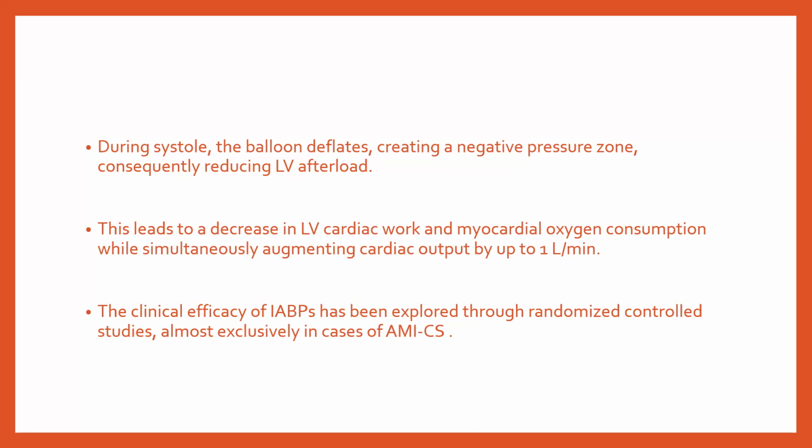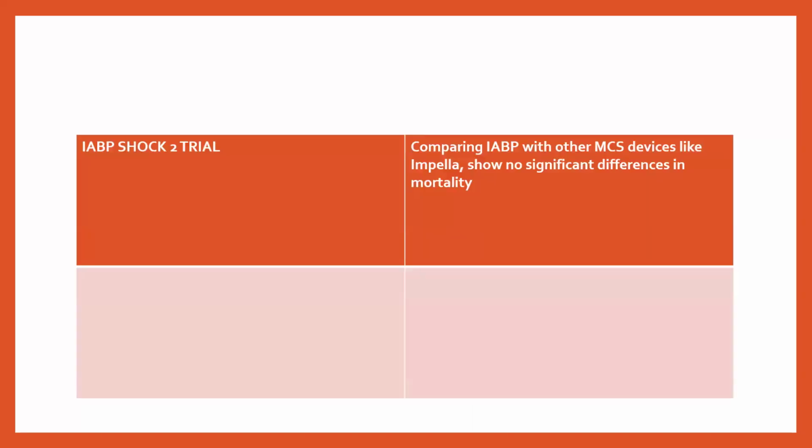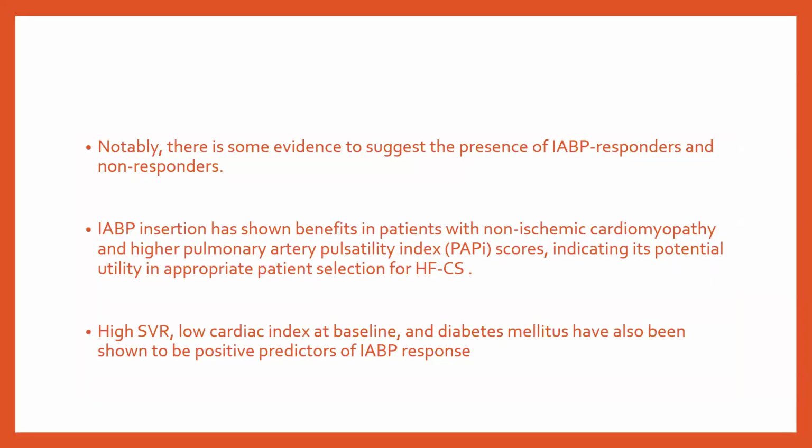The clinical efficacy of the IABP has been explored through randomized controlled studies, most extensively in myocardial infarction-related cardiogenic shock. With regard to this, the IABP-SHOCK II trial was published, which compared the IABP with other mechanical circulatory devices like Impella, and it showed no significant difference in mortality.